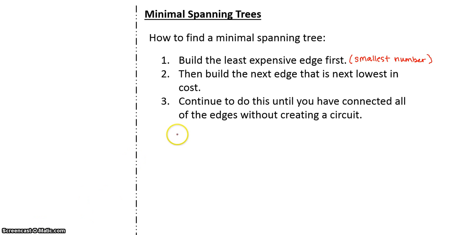In the third step, you continue to do this until you have connected all of the edges without creating a circuit. And remember, a circuit from networks day 1 was when you start and end at the same node. That was a circuit. But with this, we cannot create any circuits.